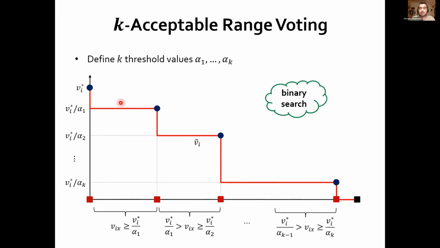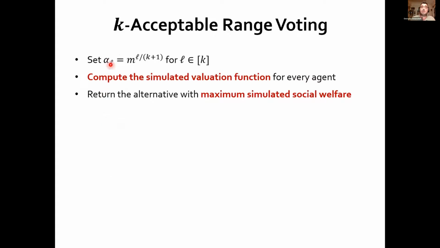So we set the thresholds carefully, and in this case they are powers of m, in fact roots of m. We start with 1 over k plus 1, 2 over k plus 1, up to k over k plus 1.